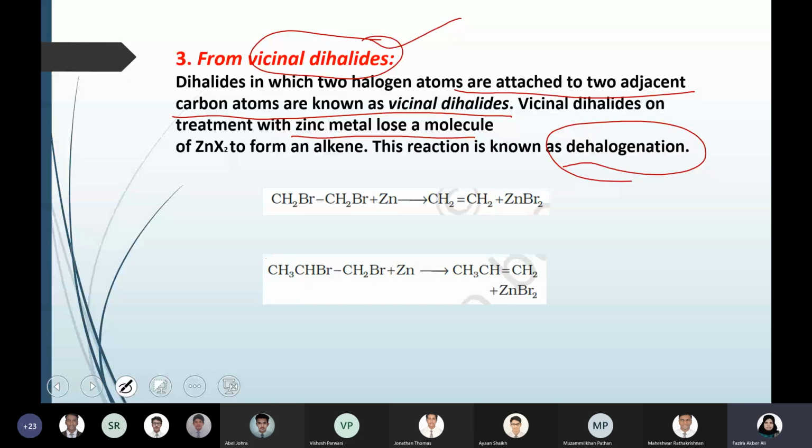If you have a geminal dihalide, you won't get a product by this reaction. So dehalogenation, removal of two halogen atoms, happens. And when these halogen atoms are removed, a double bond is created. The condition used is heating in the presence of zinc.